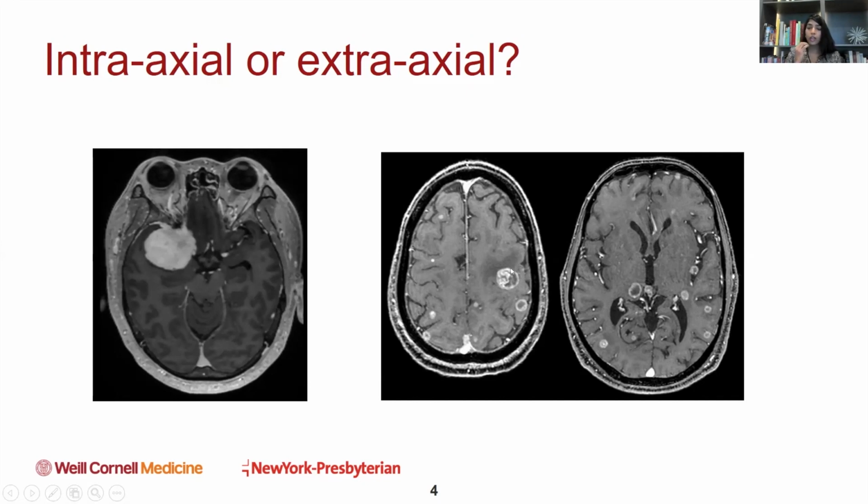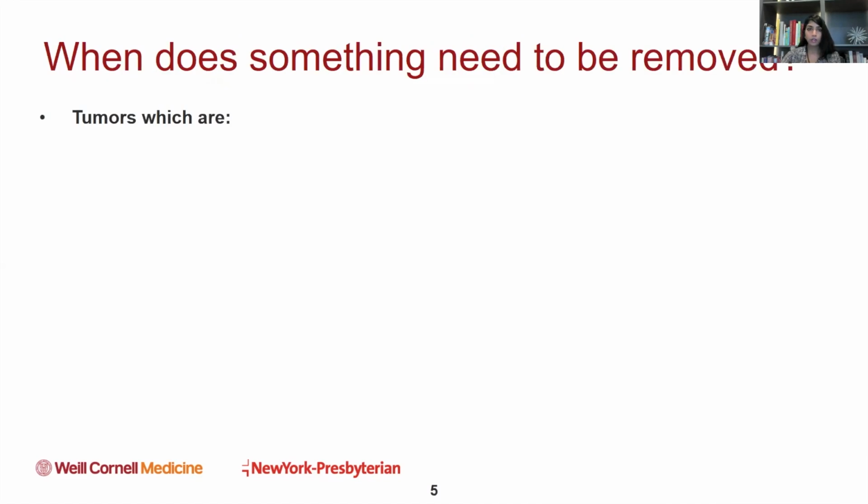So even though they are an abnormal collection of cells that are pushing brain away, they're actually arising from within the brain itself, as opposed to outside of the brain and pushing in. So we're going to focus on cortical tumors, and I think you'll talk in other sessions about skull-based tumors and extra-axial tumors, but we're really going to focus on cortical anatomy, cortical tumors, and cortical lesions.